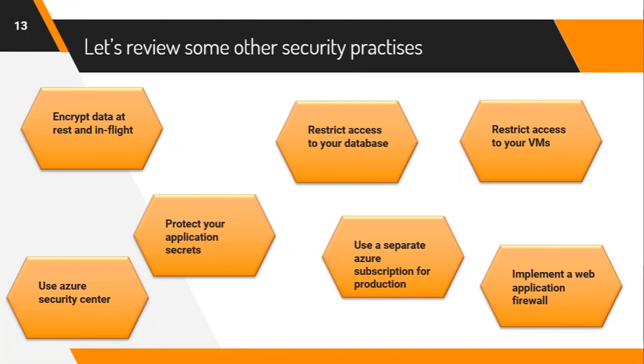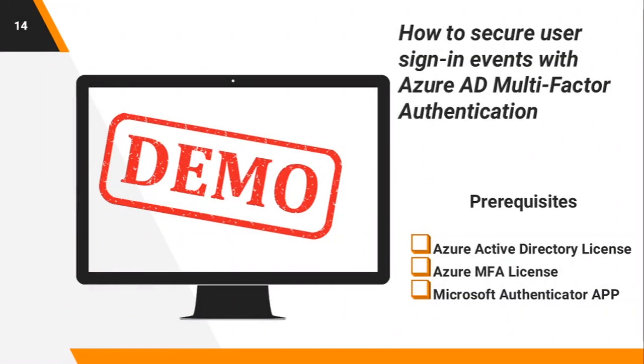That's encrypt data at rest and in flight also, and we can restrict access to our VMs, and we can restrict access to our database and protect our application secrets, and we can use a separate Azure subscription for production, and also we can implement a web application firewall and the main thing is we can use Azure Security Center.